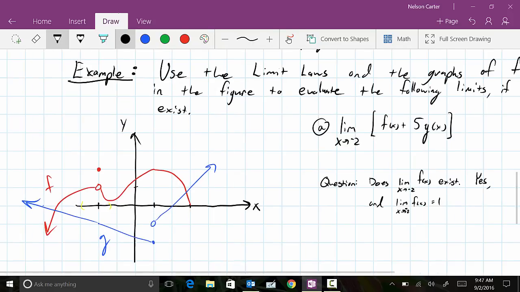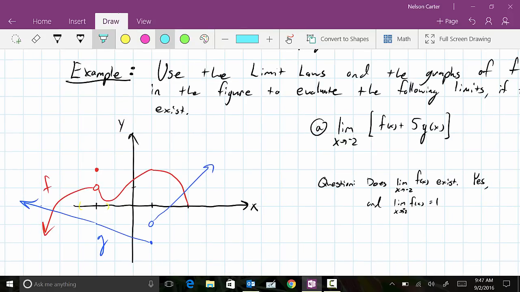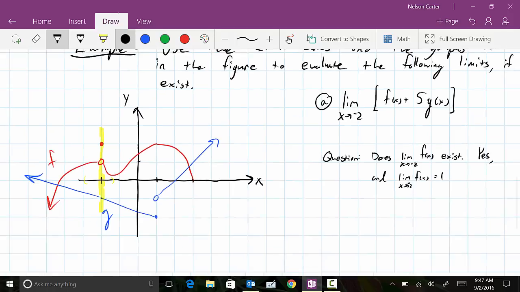Okay, how about g? So we're still going to look at this small little region here.